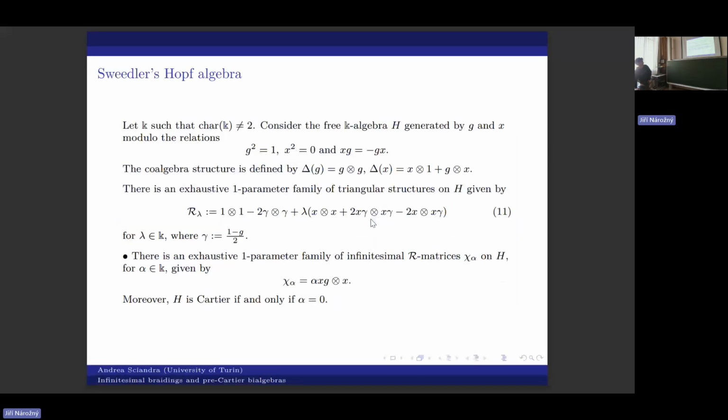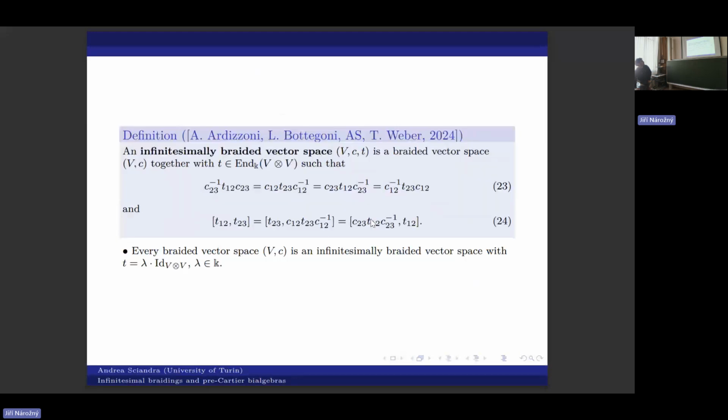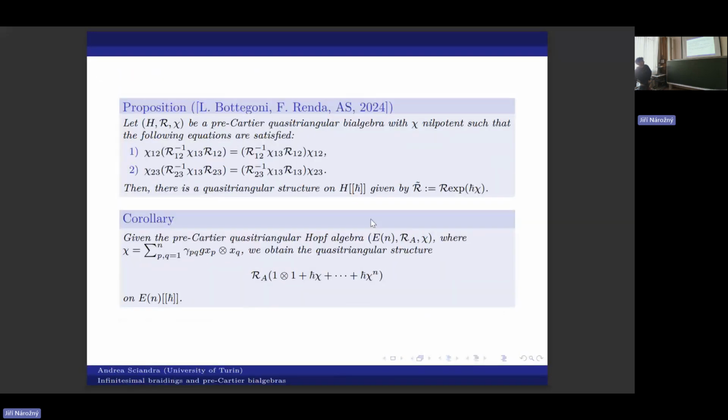So if these are satisfied, we can obtain, just using the exponential, a quasi-triangular structure on the formal power series. So if these two conditions are satisfied, we have a quasi-triangular structure on the trivial topological bialgebra, given just by R, which multiplies the exponential of chi.